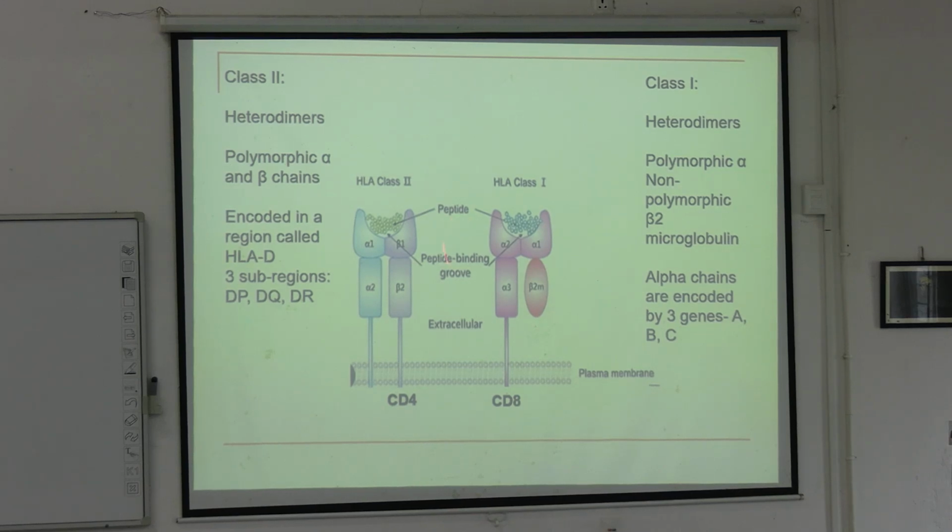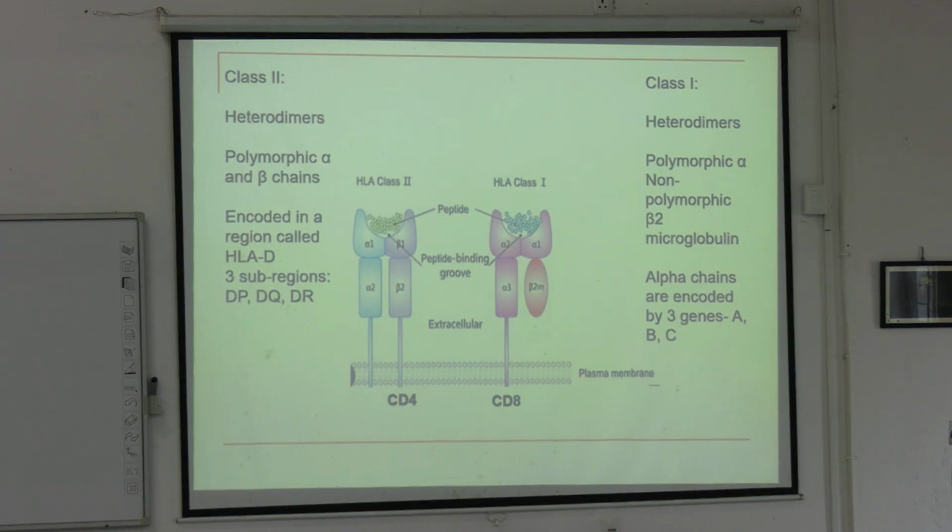Now once the protein binds to this MHC class 1, what will happen? They will present it to CD8 plus T cells. Understood? So these CD8 plus T cells are known as cytotoxic T lymphocytes, and CD8 plus T cells are also known as MHC class 1 restricted.